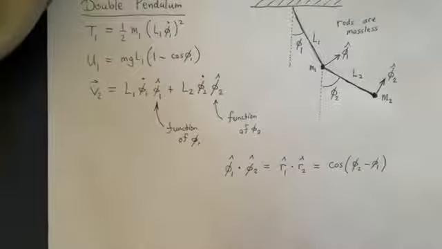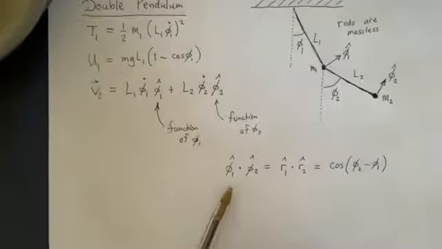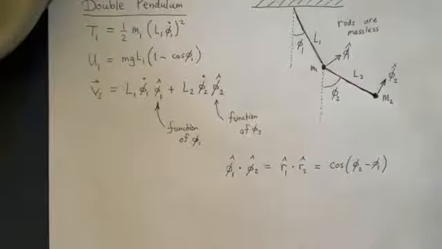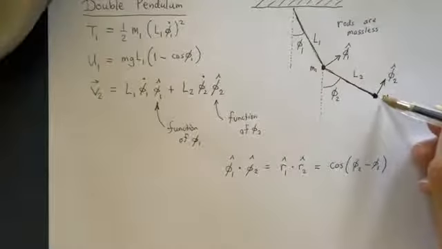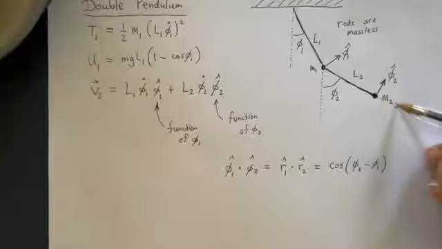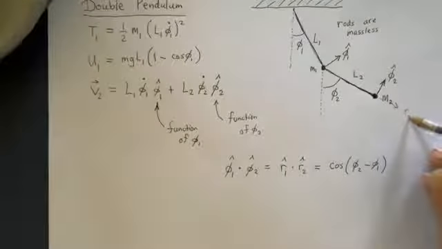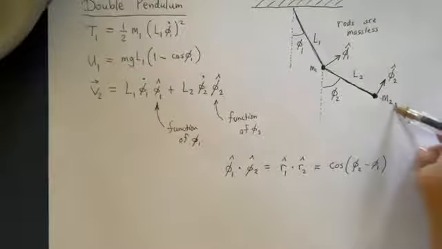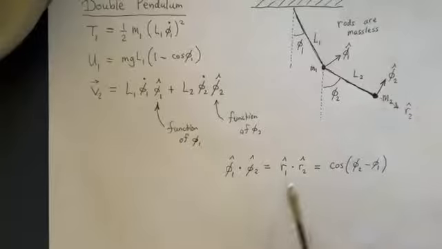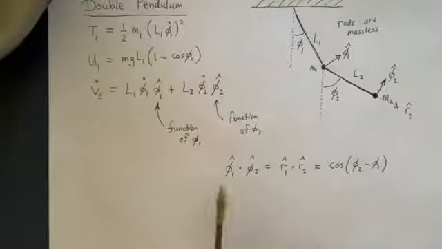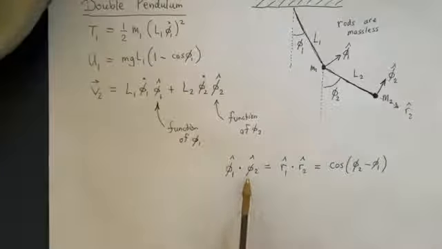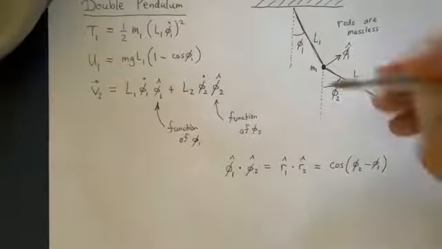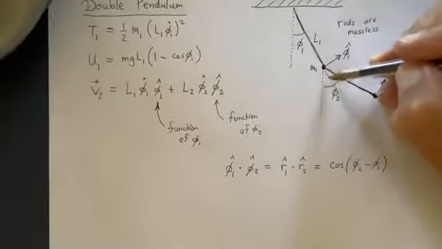So we're interested in the dot product. What we do is we note that the dot product is a rotational invariant. So the dot product of these two phi's is equal to the dot product of, you could introduce some radial extensions, right? So you could put an R2 hat here. It's not necessary for the problem, but it's helpful to observe that the dot product of the two phi unit vectors is equal to the dot product of the two R unit vectors. They would be like this.